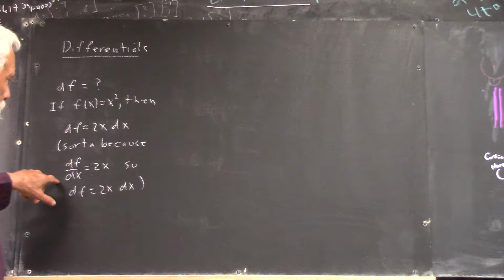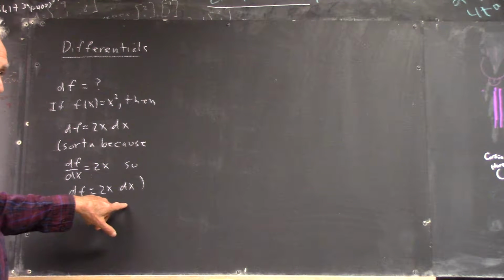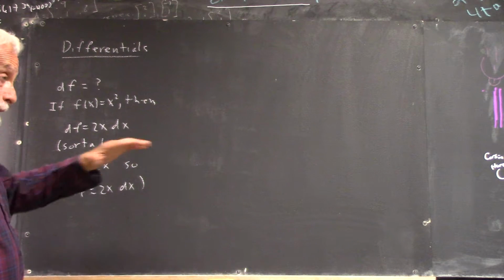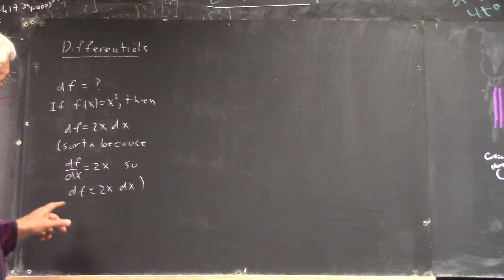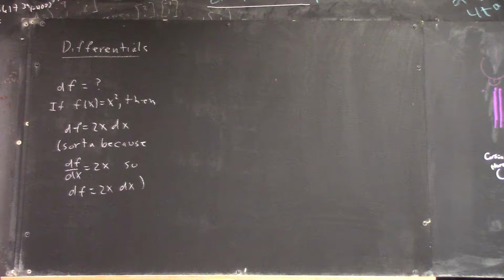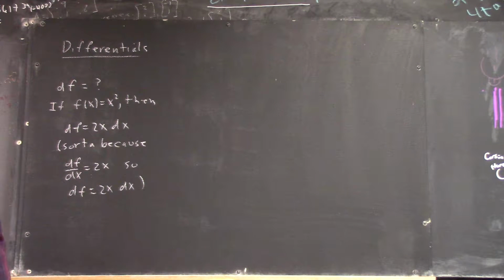Now df and dx are not algebraic quantities, so we can't really multiply by dx. But if you look at the geometry of tangent lines, you make sense out of this. Okay? So that's kind of all there is to it.